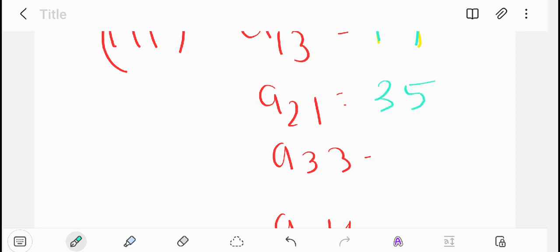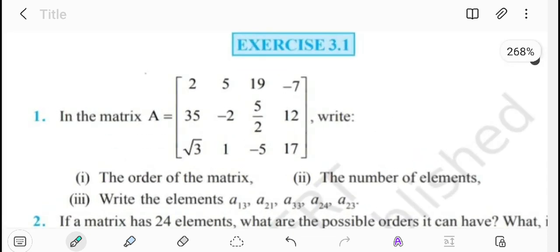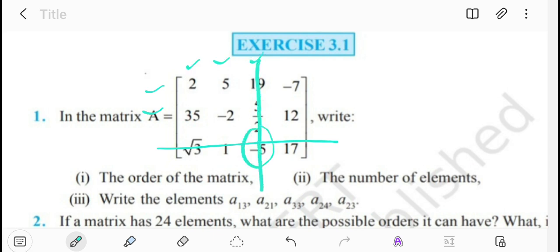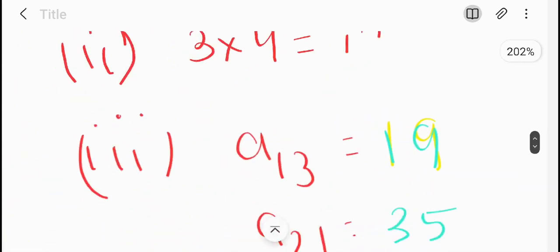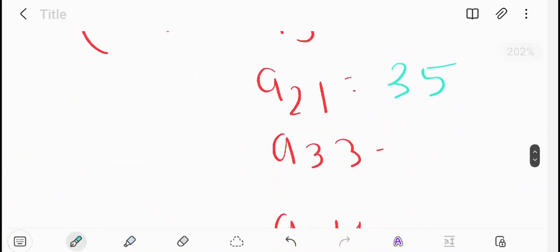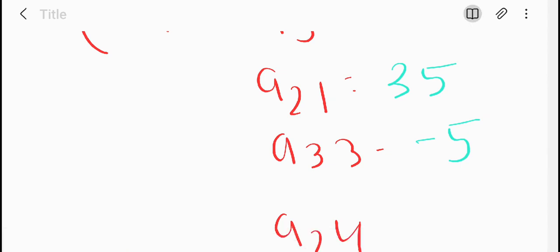Now moving ahead, A33. We are asked about A33. So third row: this is the first row, second row, and this is the third row, and the third column as well: first column, second column, third column. Which is the element? This is the element. The element is minus 5.